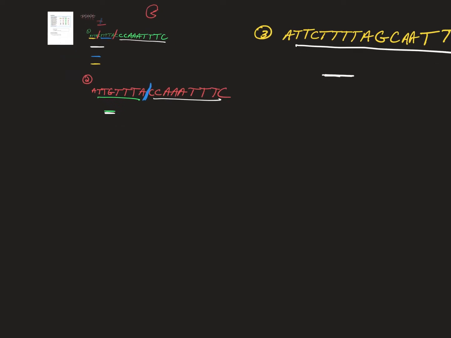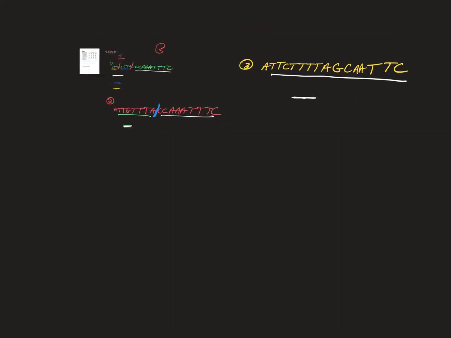So if you ran the three samples together, as you would in electrophoresis, you'd get one column that would show this banding pattern, one column that would show this banding pattern, and then one column that would show this banding pattern, a really big piece because it's not broken up at all.